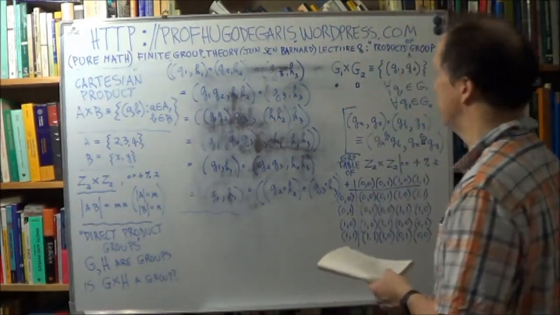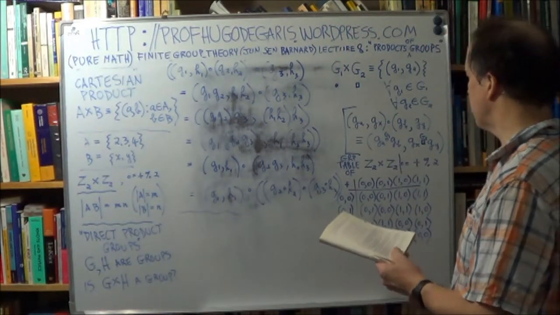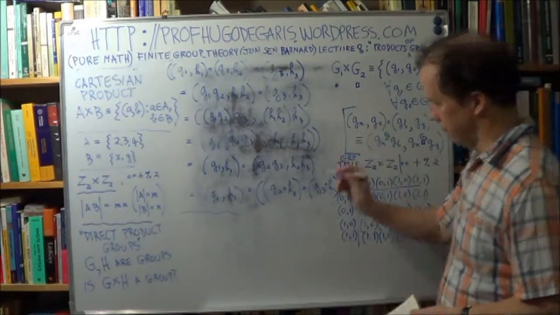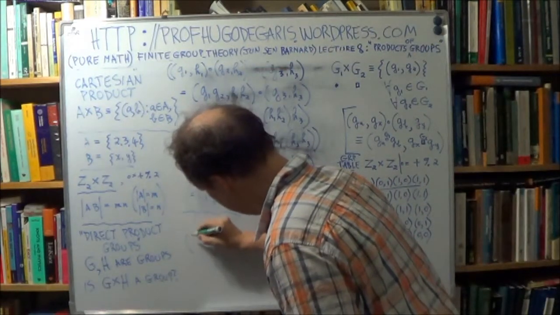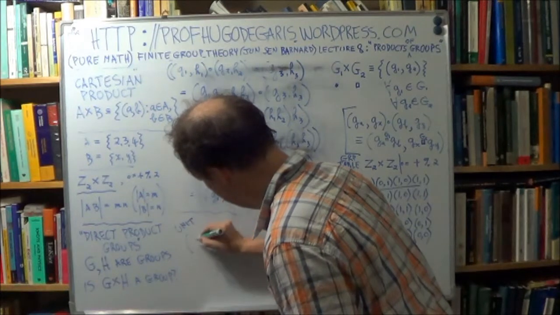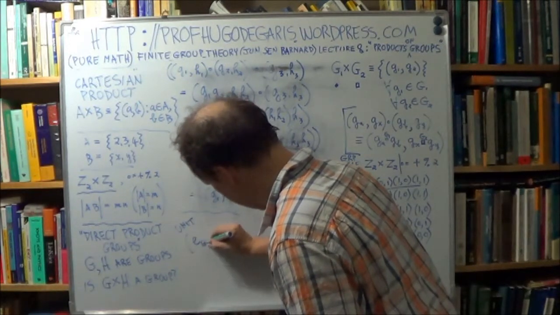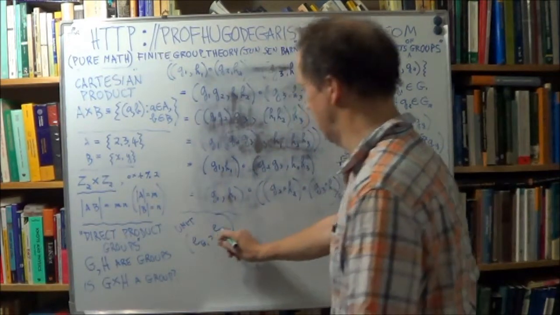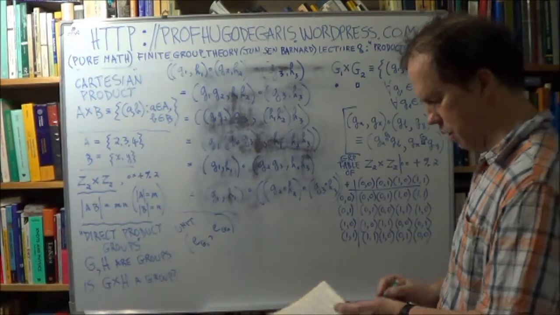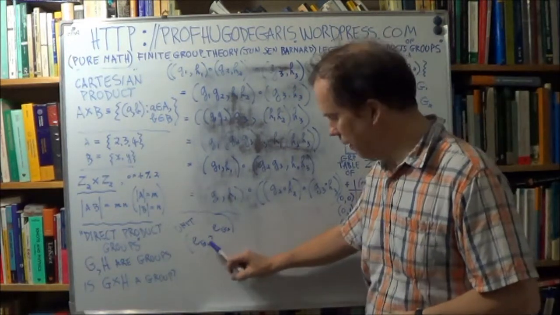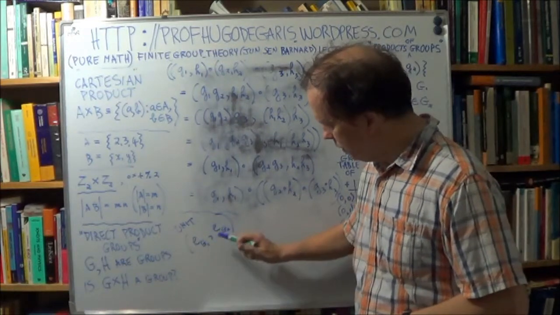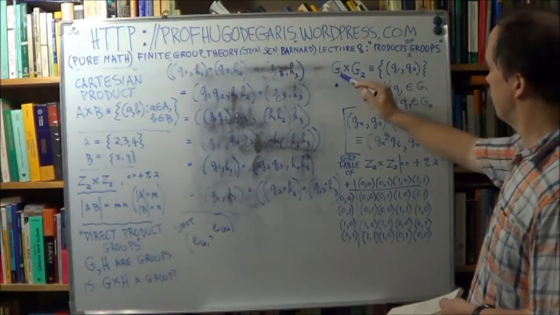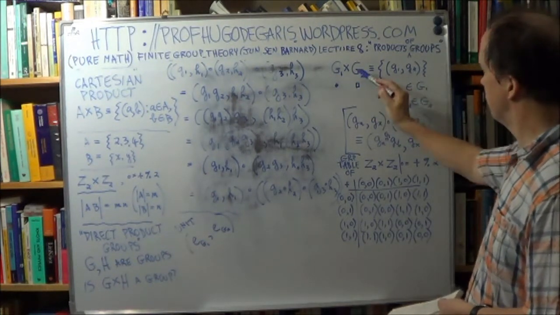Now let's try the inverse, the unit. What do you think the unit would be? Well, I suggest for the unit, so the unit would be something like this. The unit of G1, the unit of G2, whatever it is. Okay. Now, I won't go into too much detail. It's probably fairly obvious to you, right? So let the unit be this. So here, put the unit of G1 here, and here put the unit of G2.